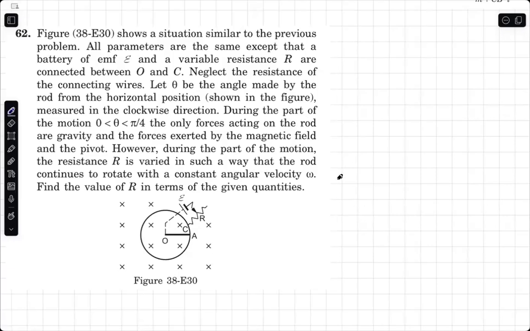Here you have a situation similar to the previous problem. All parameters are the same except that the battery of EMF and a variable resistance. And theta is again the angle made by the rod with the horizontal position.